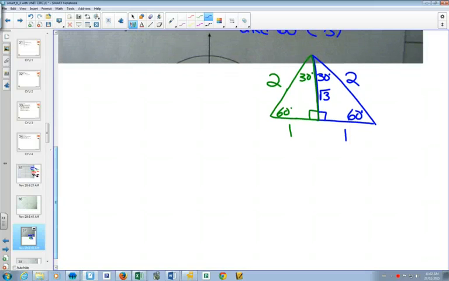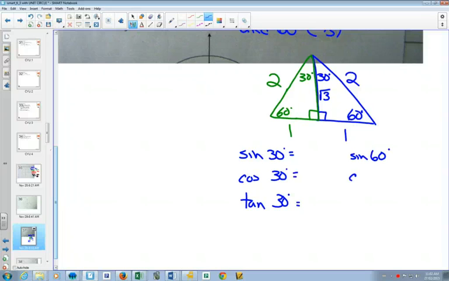So what that means is we can now figure out what sine of 30 is, cos of 30, and tan of 30 just by looking at the ratios. We can also do sine of 60, cos of 60, and tan of 60 by just looking at the triangles.